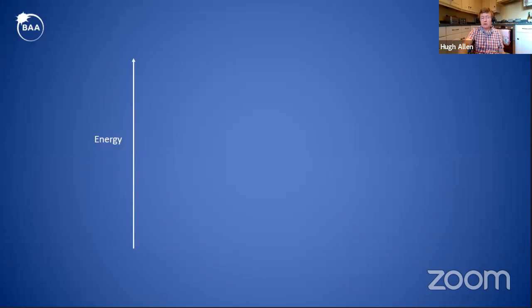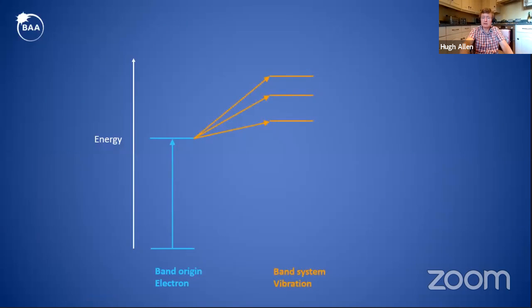I just want to say a quick word about molecular spectra, because the origin of molecular spectra is the same as atomic. It originates with an electron transition, but the complexity, and the reason why we get a whole mass of lines that produce a band, is that a molecule can also vibrate. So that splits the single electron transition into multiple vibration levels. And that's the origin. For example, there are 3 levels.